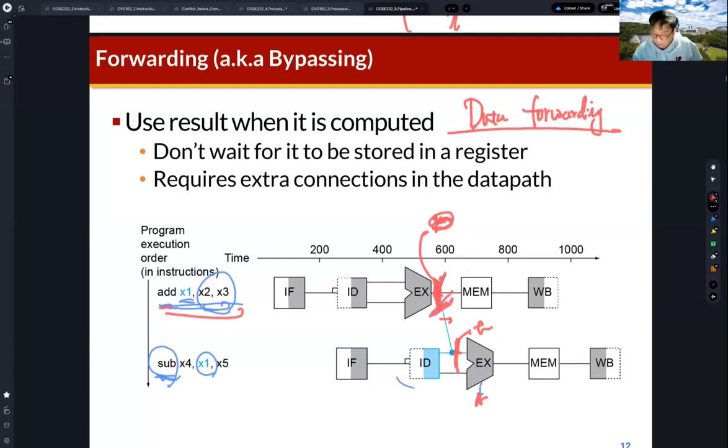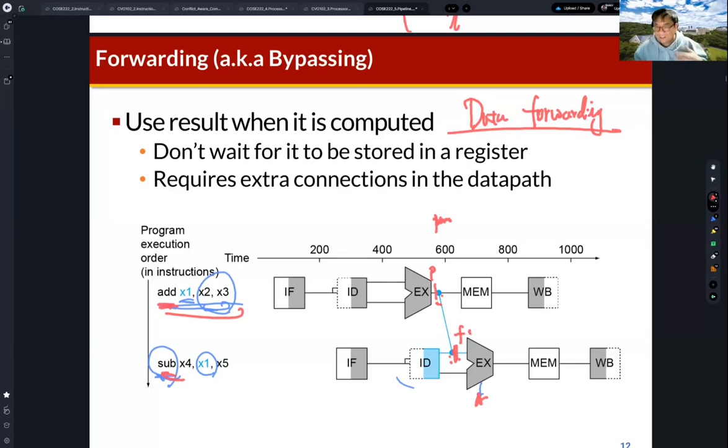And this result is used at this time. So we can get the result of the add instruction before the result is used by the sub instruction. This is the future and this is the past.